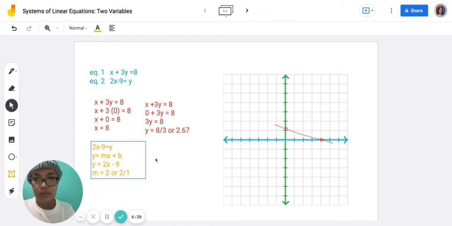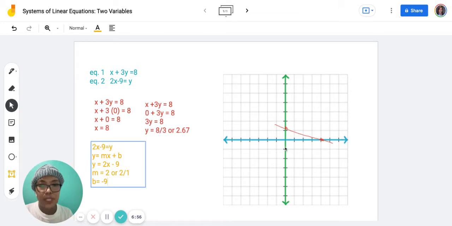And your y-intercept is equal to b, which is equal to negative 9.